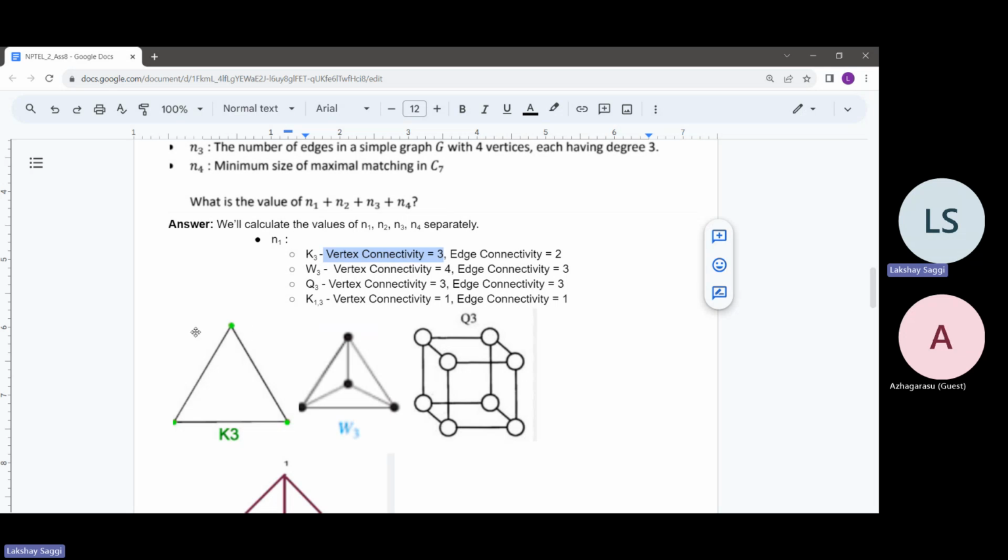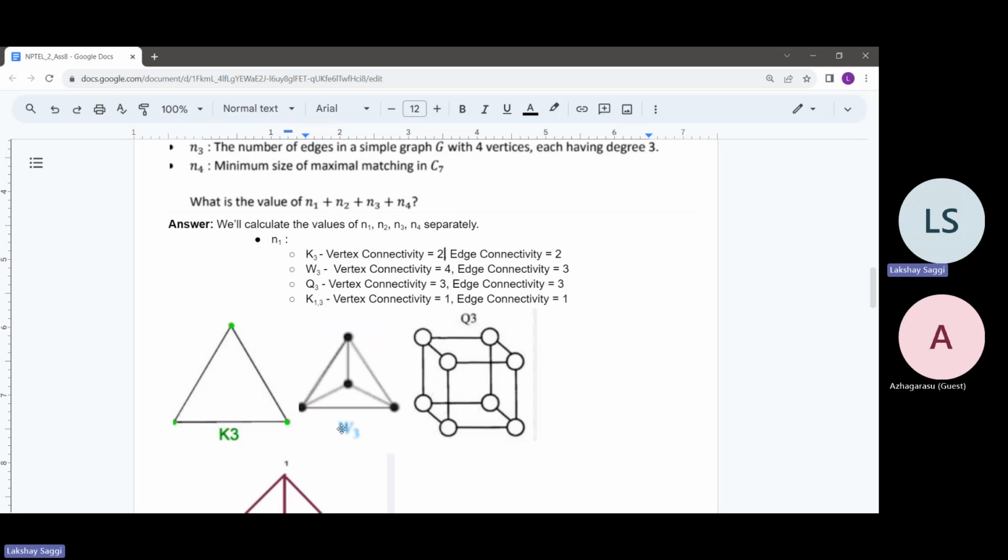Why? Because if I delete this vertex and this vertex in K3, I'm left with a single vertex, which satisfies the definition. So effectively, vertex connectivity is not 3, but 2 here, because after deleting 2 vertices, I'm left with a singleton vertex.